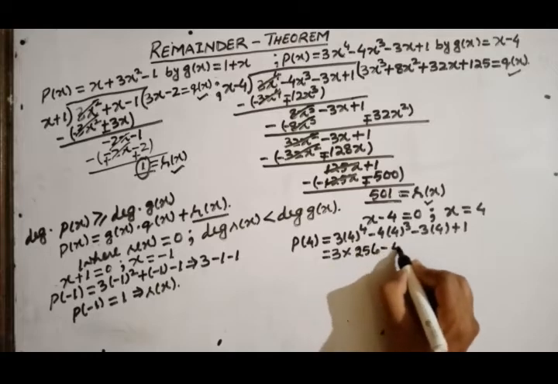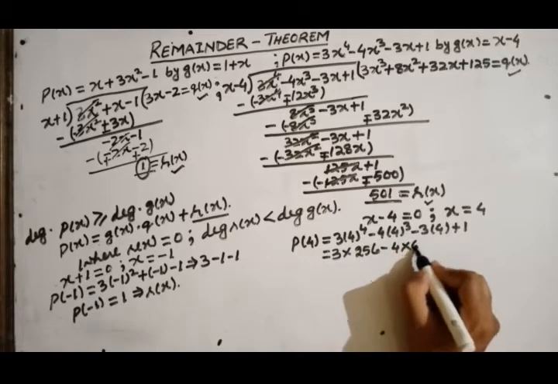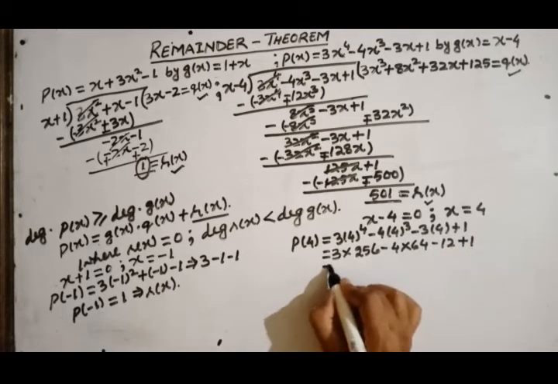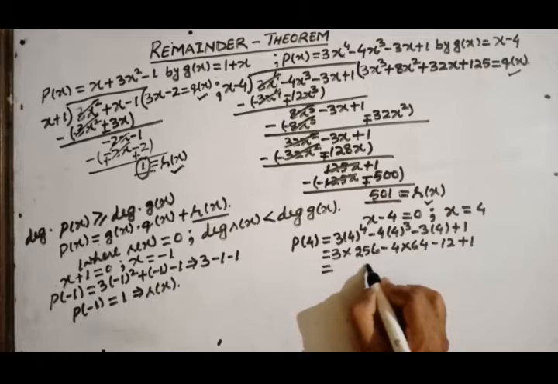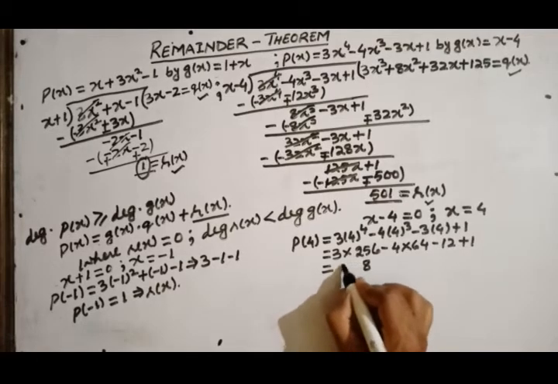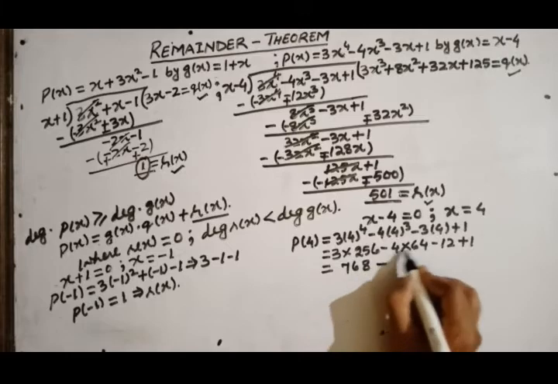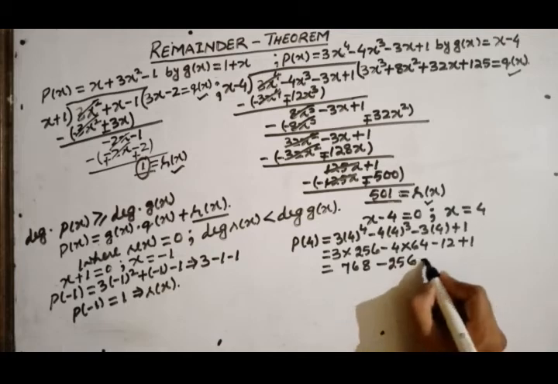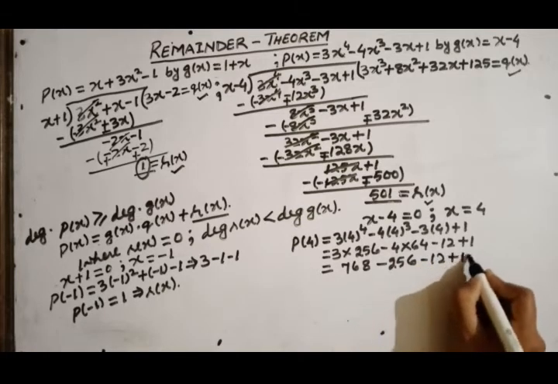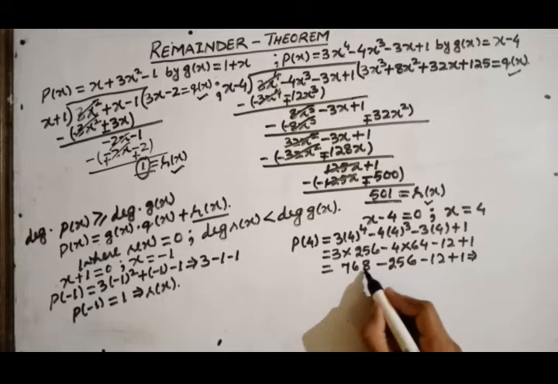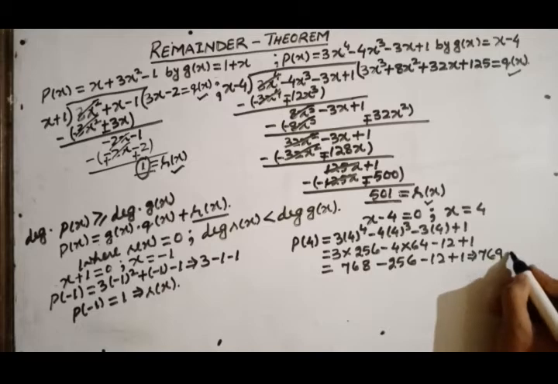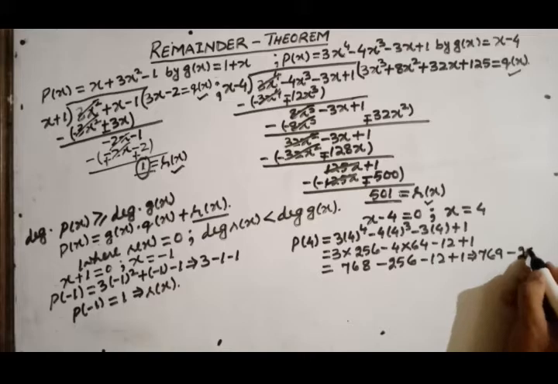256, minus 4 into 4 cube, which is 64, minus 3 fours are 12, plus 1. 3 sixes are 18, 75, plus 1 is 76, minus 4 fours are 16, 24 plus 1, 25, minus 12 plus 1, and this equals 768 plus 1 is 769, minus 268.